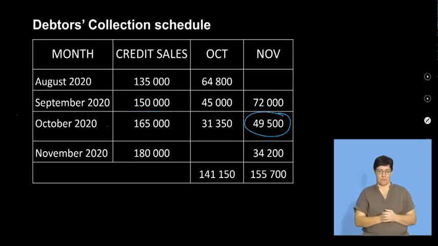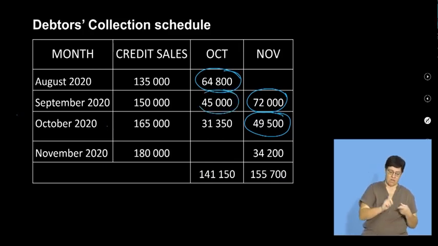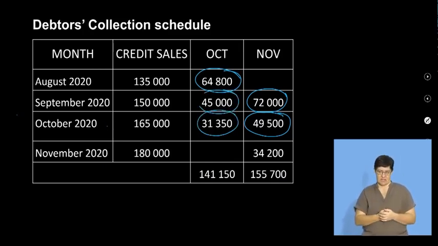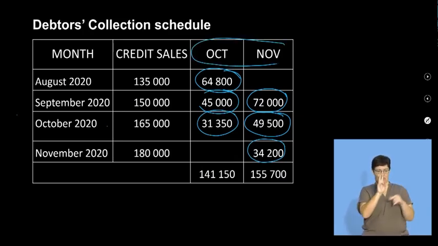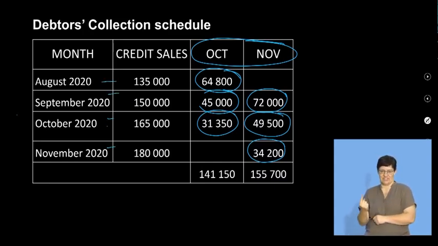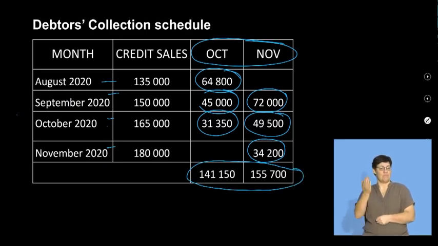Okay, this then gives you your completed debtors collection schedule, where you now add up all the components that you have in your debtors collection schedule for October, for November, and obviously this is my budget period, October and November, and you can see that August, September, October, and November impacted on my budget period, and therefore these are the totals that I alluded to earlier on.